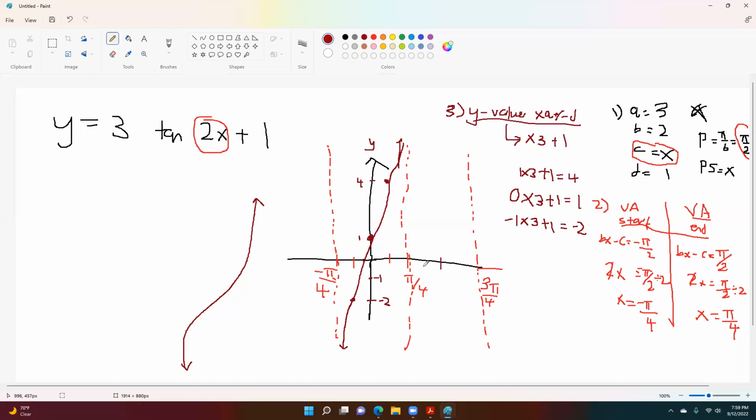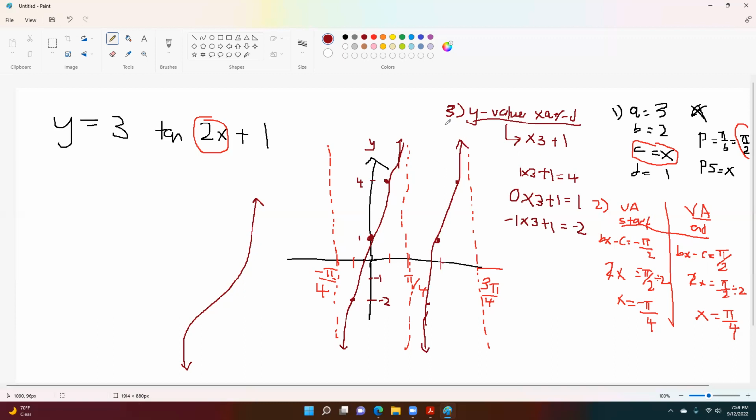So right in the middle of these two is at positive 1. Right in the middle of those two will be at 4. And right in the middle on the other end is going to be at negative 2. So this graph will look something similar. So this is your second period in this case.